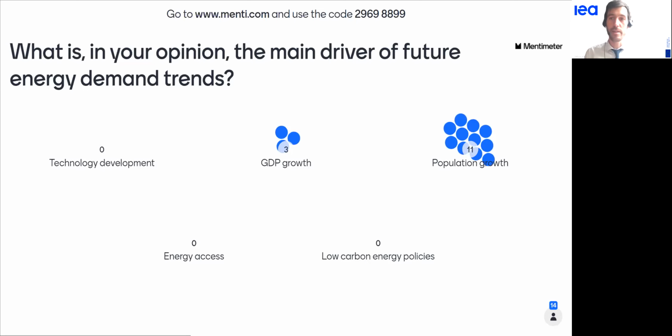What is the most important? There is no good or right answer. It depends on the country. In regions like sub-Saharan Africa, where demographics are very dynamic, population growth would indeed maybe be the most important driver. In regions where population is more stable, like Europe, GDP evolution would be the main driver.